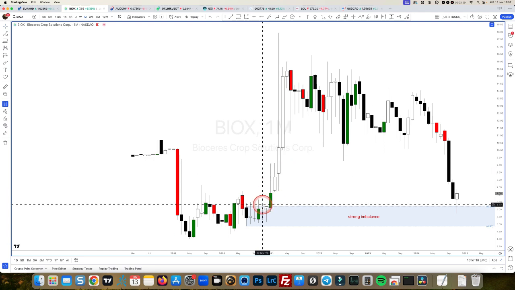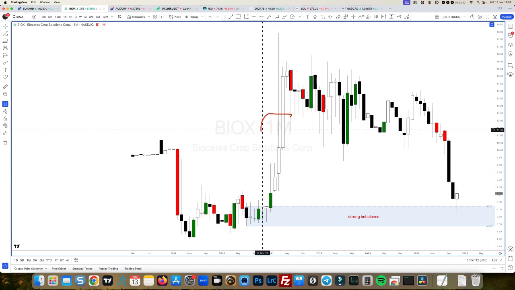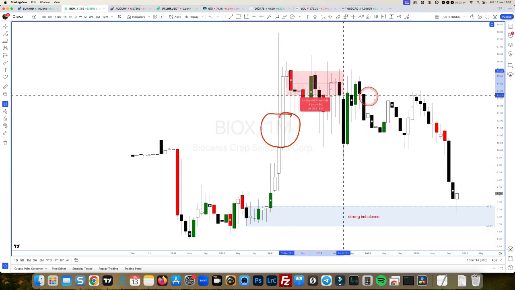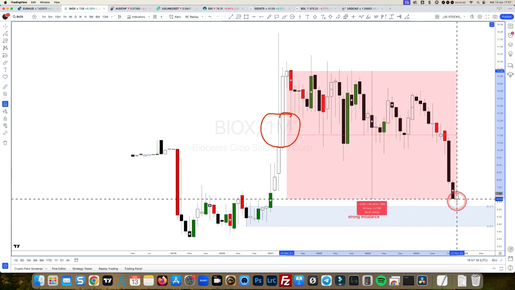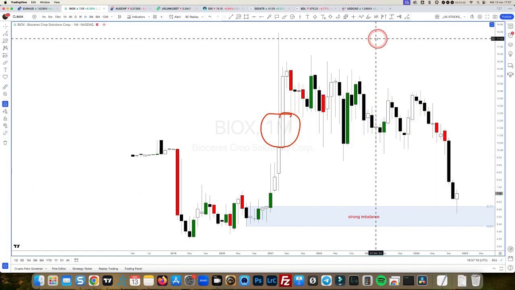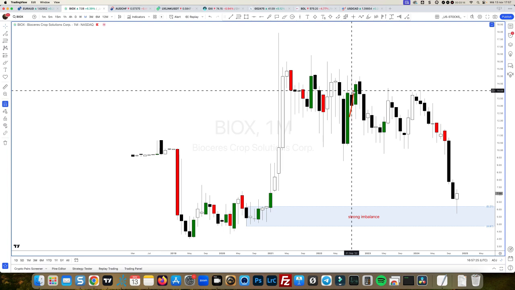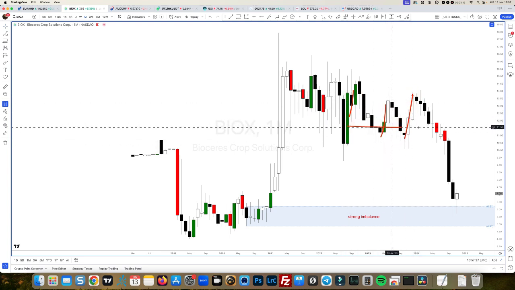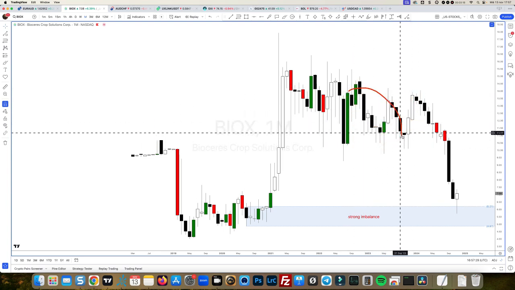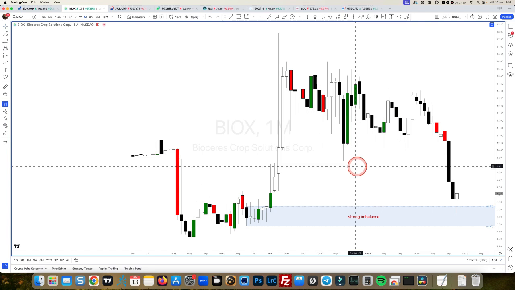So what happens here? You might be thinking, okay, if this is the monthly chart, I should have been waiting for how long? 42 months for this long position. Yes, unless you do short term and all that, you could be able to go long here on these reactions, or short on the way down on smaller time frames. I'm not talking here about smaller time frames. I'm talking here about swing stock trading, long-term investments.